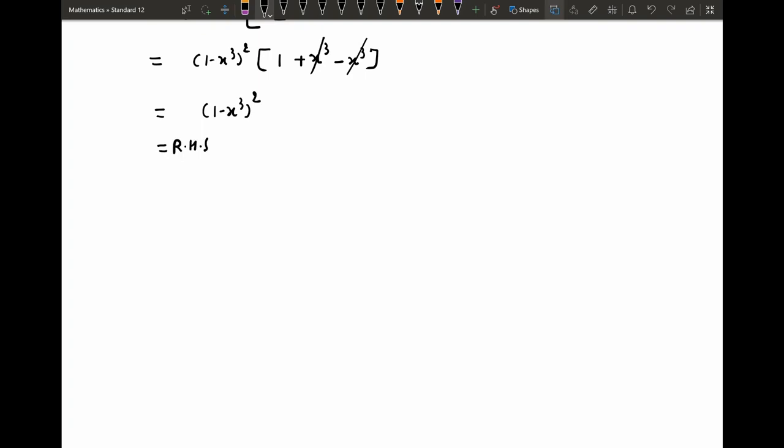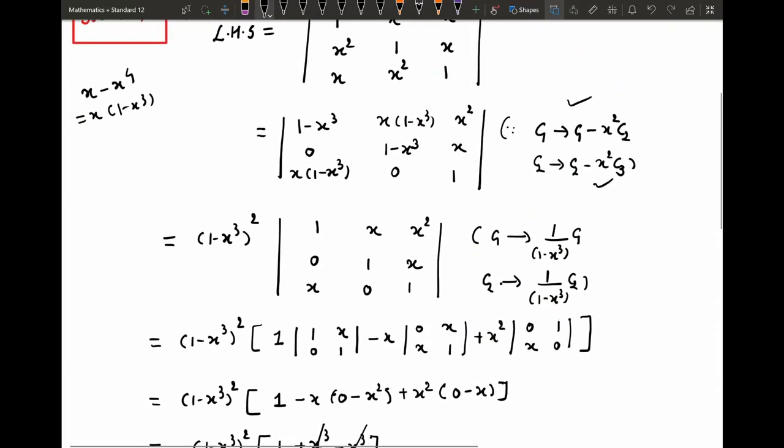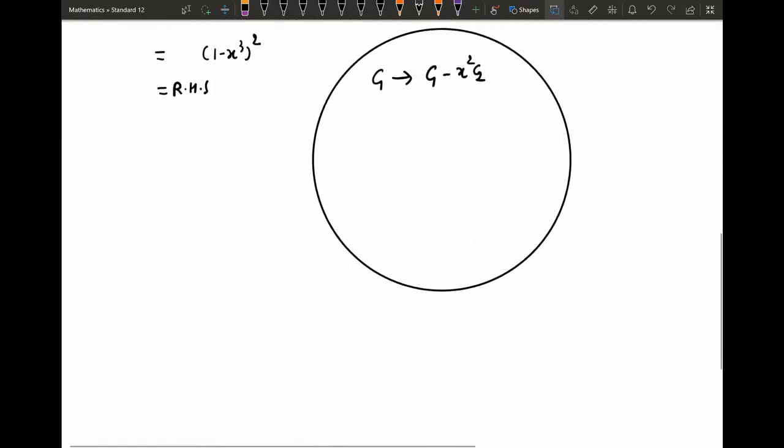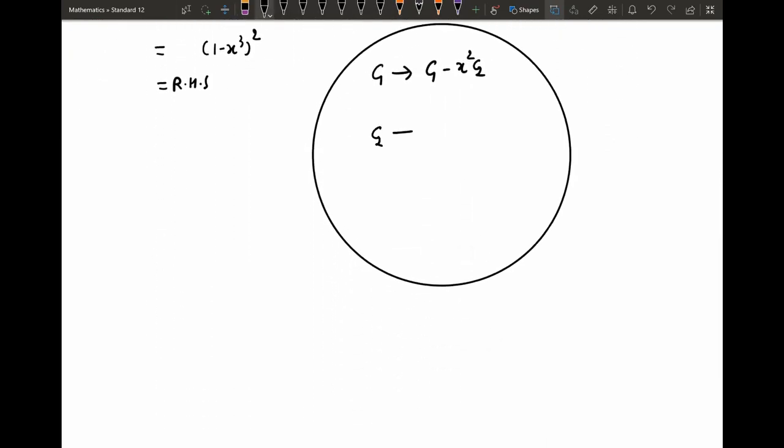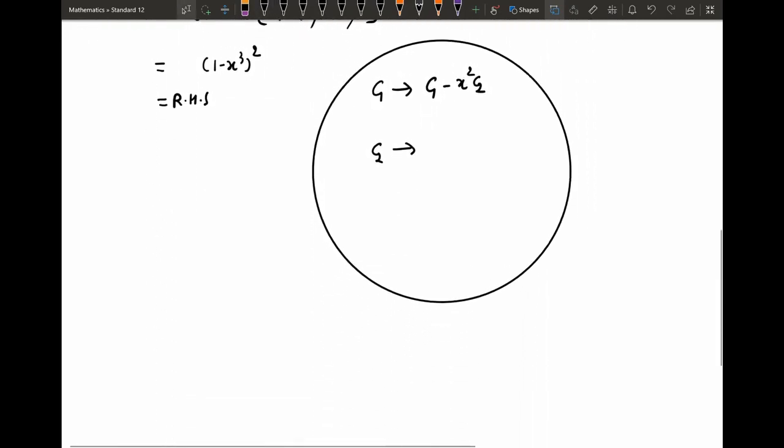So two important operations are first C1 to C1 minus x square C2, second column multiplied by minus x square, add in the corresponding entries of the first column, and after it you perform C2 to C2 minus x square C3.